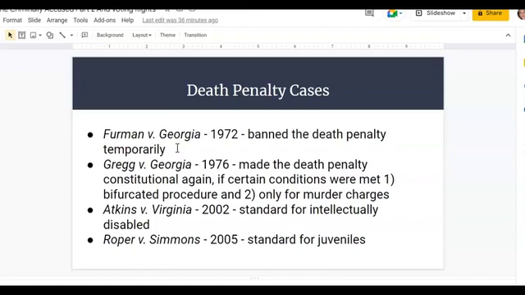So about 4 years later, in 1976, the case of Gregg versus Georgia served to clarify certain things, and the Supreme Court of the United States said that the death penalty was constitutional once again, if and only if a couple of conditions were met.